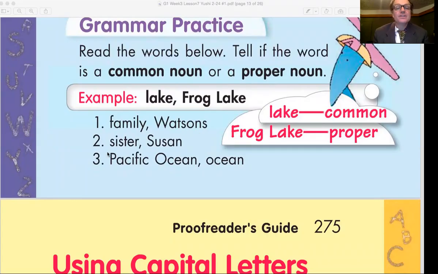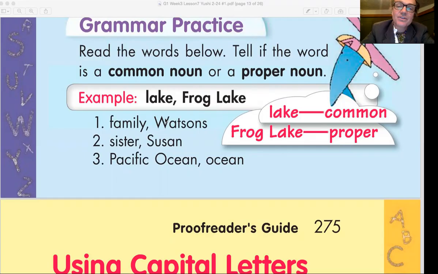Sister. Susan. Pacific Ocean. Ocean. Well, when they give them to you like this, then you have a hint, right? Because a common noun does not have a capital letter, and a proper noun does have a capital letter, so you can know right away which one they are by the hint.